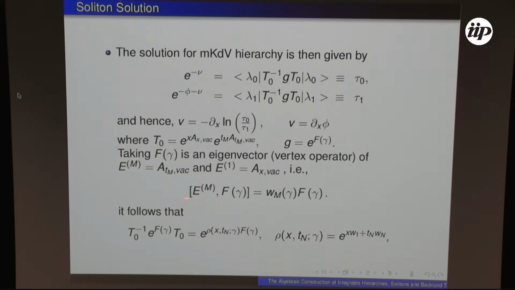And if you calculate the eigenstates of these elements, you can calculate the conjugation with tau 0. In the conjugation of tau 0, you pick up a phase.